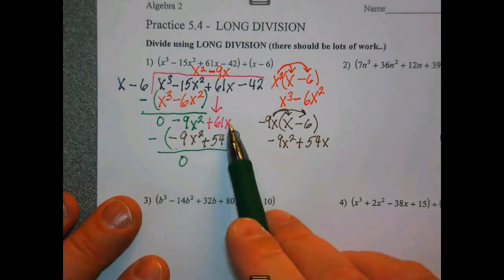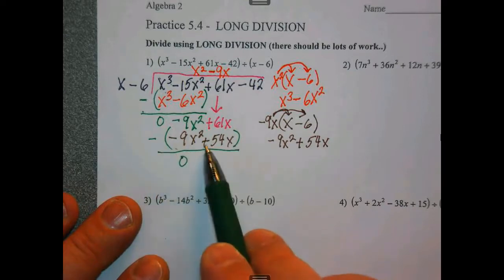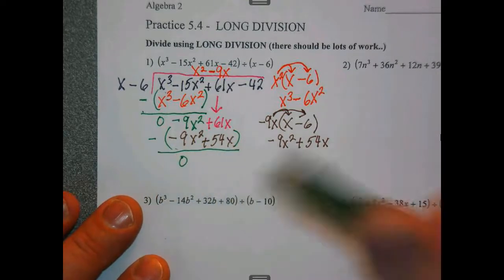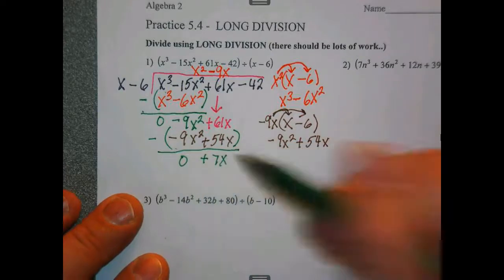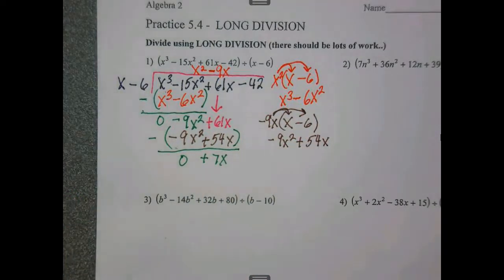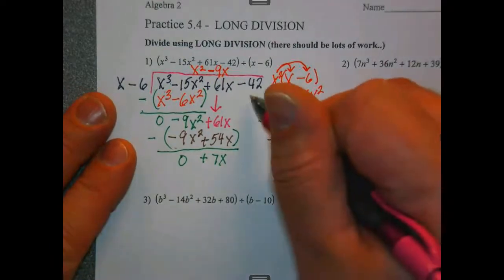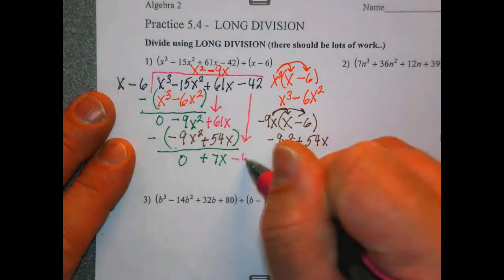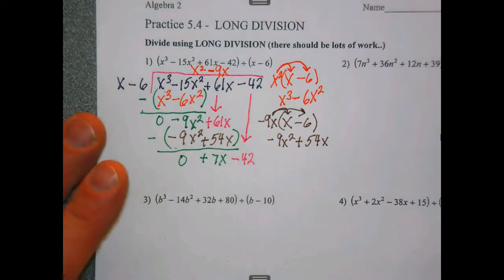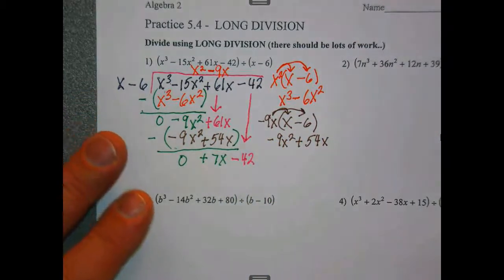Positive 61x minus 54x is a positive 7x. Okay, bring down my next term, number, digit, whatever you want to call it, negative 42. Do the same process all over again.